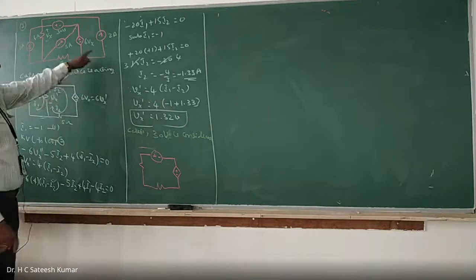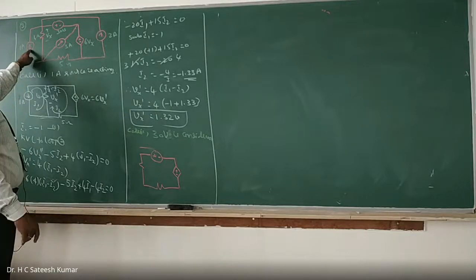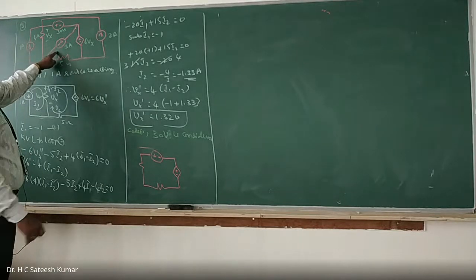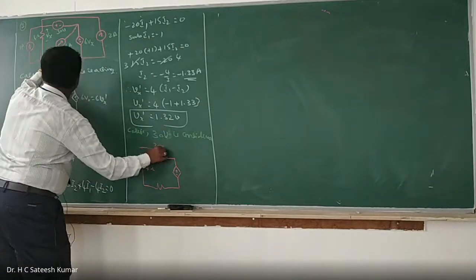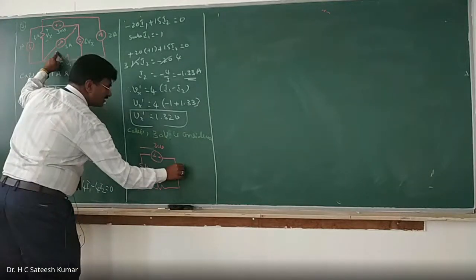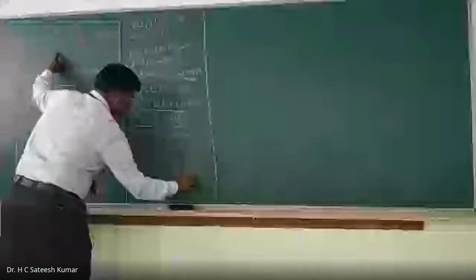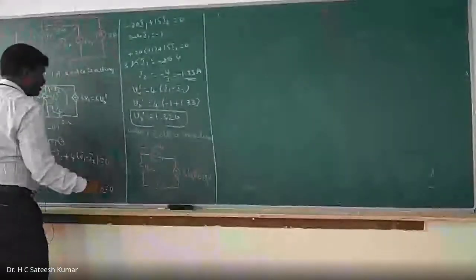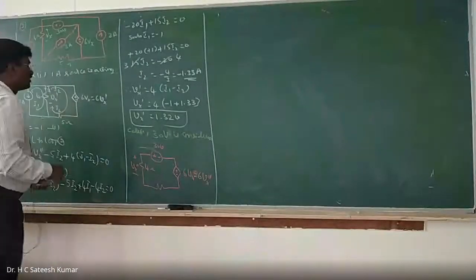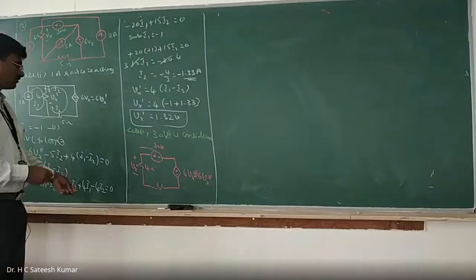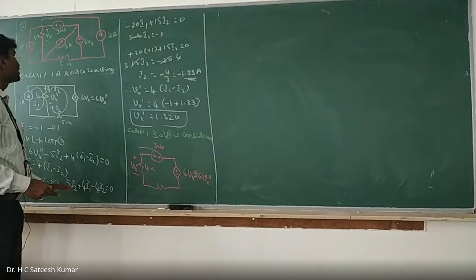Now only the 4 ohms, 30 volts, and the dependent source 6 Vx remain. 6 Vx is equal to 6 Vx double dash, plus minus. The second case I will call Vx double dash, and this one is 5 ohms.